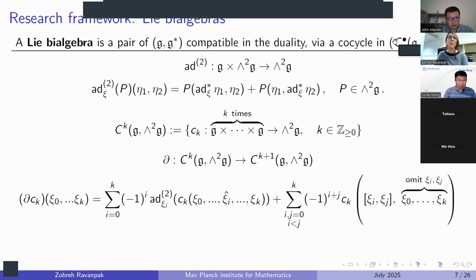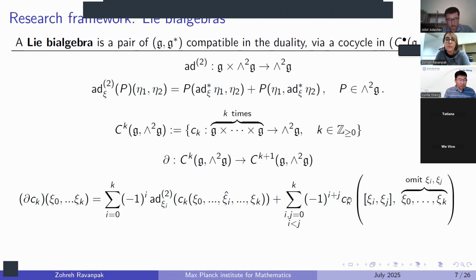In the complex cohomology, which is defined by the second adjoint representation, which is the extension of the adjoint representation in the second exterior power of G, we define a coboundary operator, which takes any k cochain to a k plus 1 cochain, and this is the space of k cochains, which are K-linear maps with values in this space, the second exterior power of G.